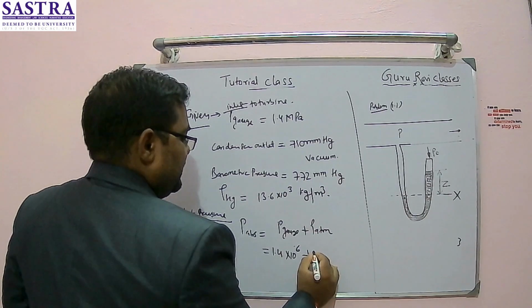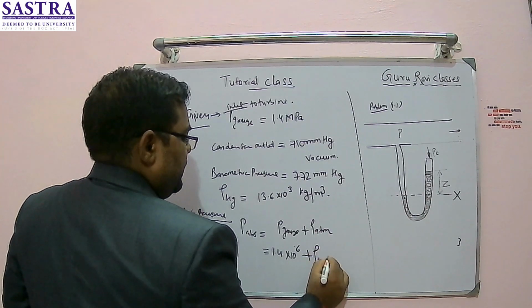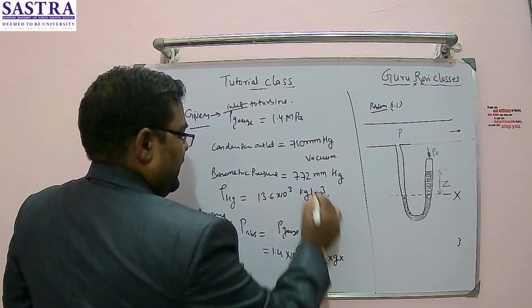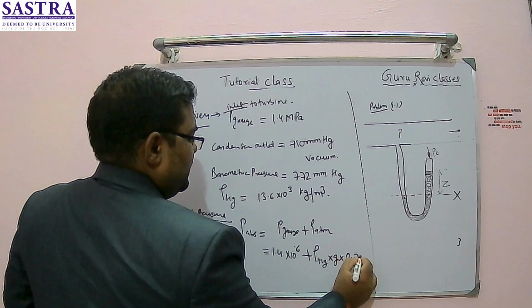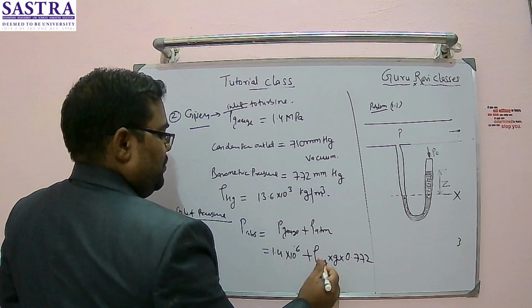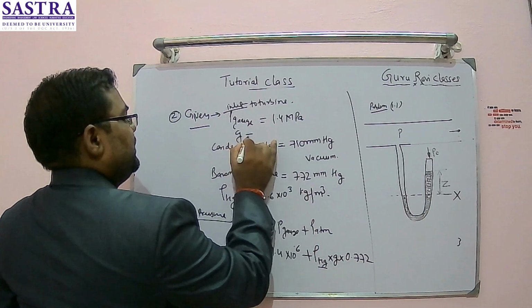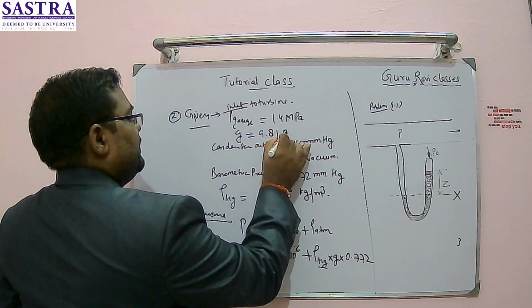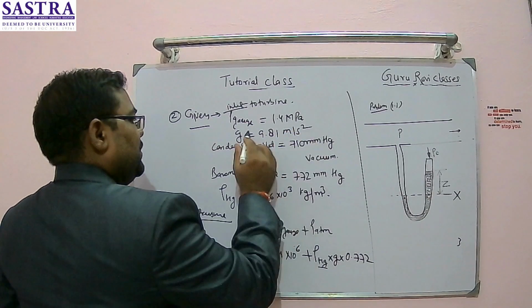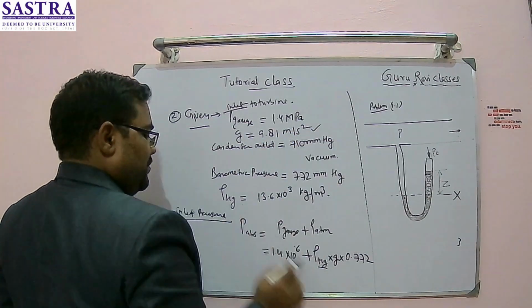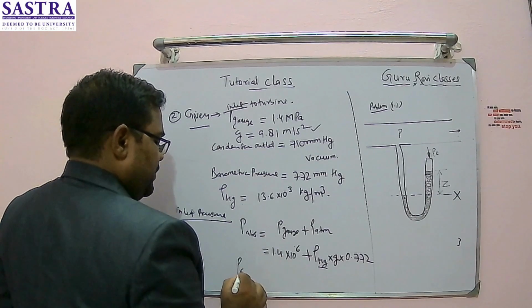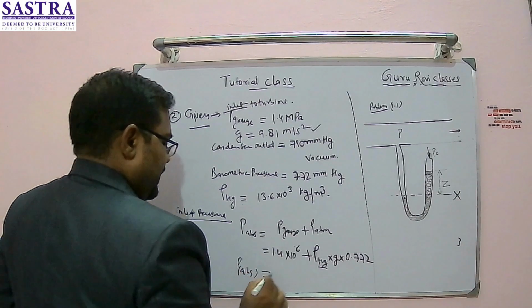So I can write density of mercury × g × h. This is 0.772. So substitute the value of density of mercury which is given here, and g you always assume 9.81 meter per second square. So use this value and write P absolute at entry.